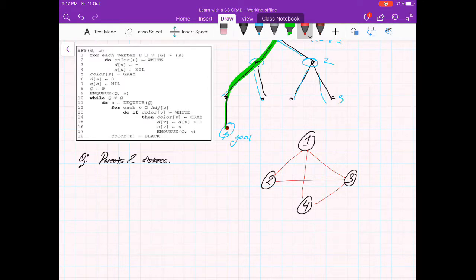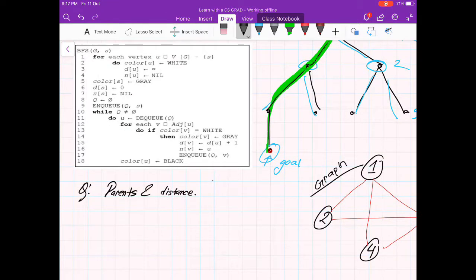So this is the graph that's been given to you, and you are asked to find the parents and the distance. Let's look into the BFS algorithm and try to solve the whole thing together.